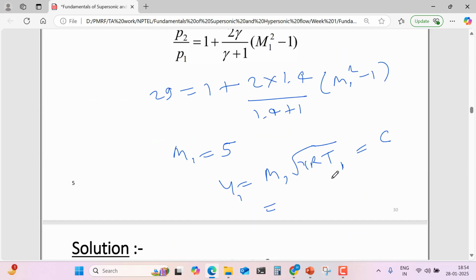So we will get it: M1 is 5 into under root gamma R T1, it is 1677.08 meter per second.